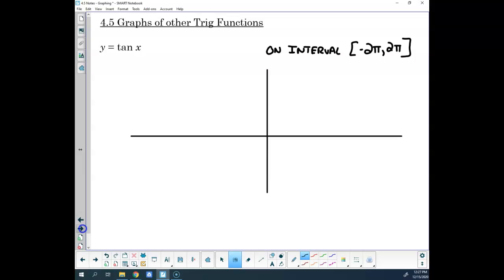And then while we're at it, we can set up our horizontal axes, or set up the spacing.